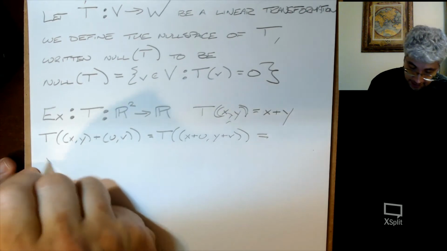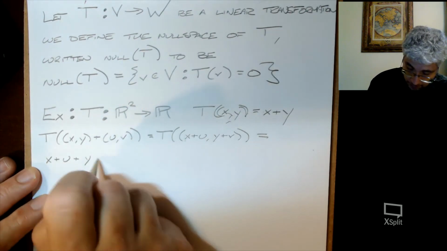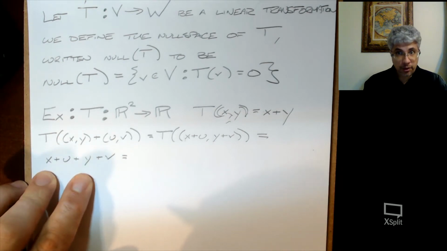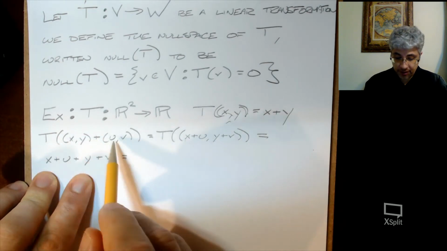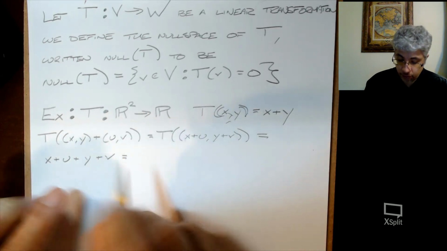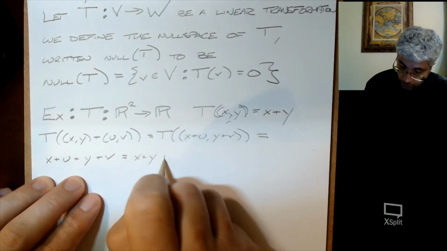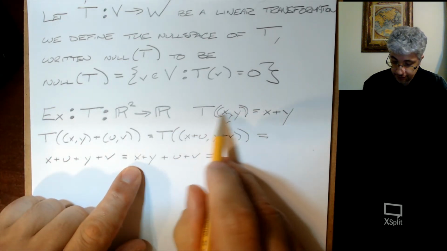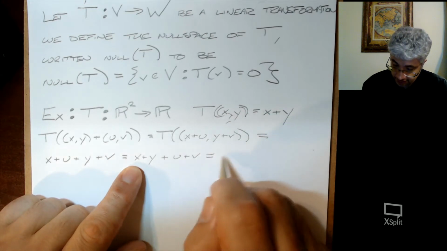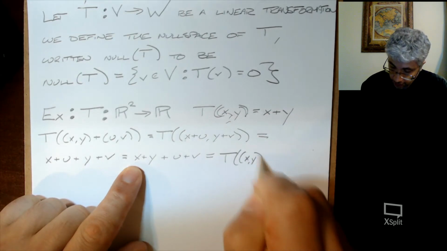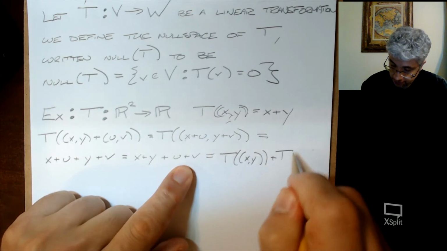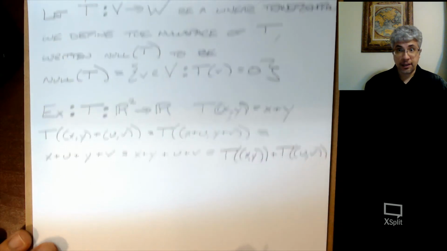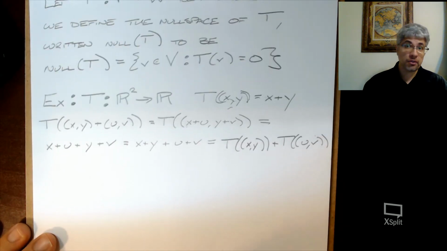By definition, this is equal to x plus u plus y plus v. But what do I want to get? Well, I want to get T of (x, y) plus T of (u, v). I can group the x and y together. So this is equal to x plus y plus u plus v. Now, T of (x, y) is going to be x plus y. So this is T of (x, y), and this is T of (u, v). So definitely behaves correctly with respect to addition.